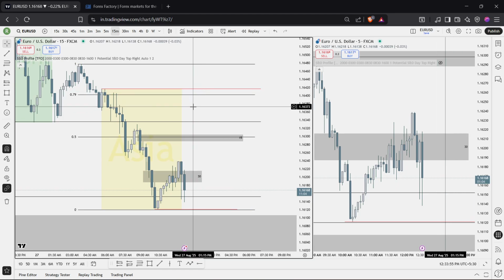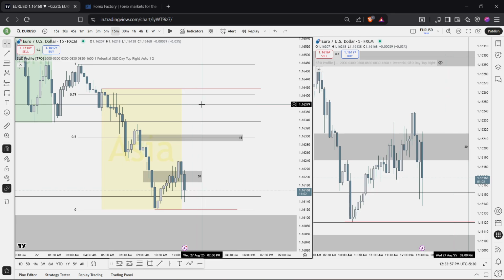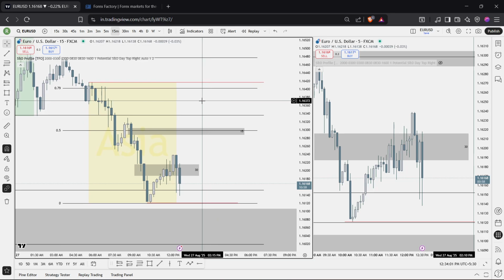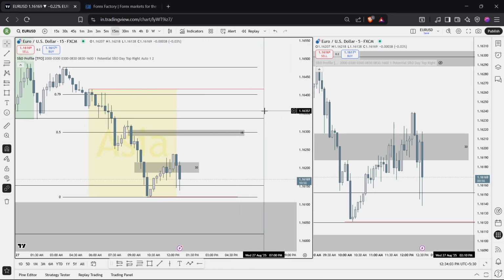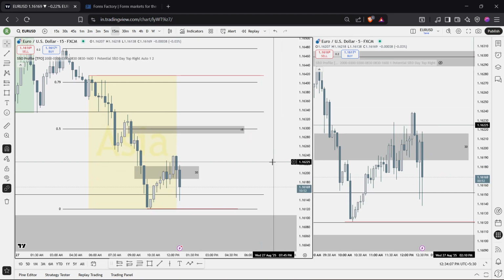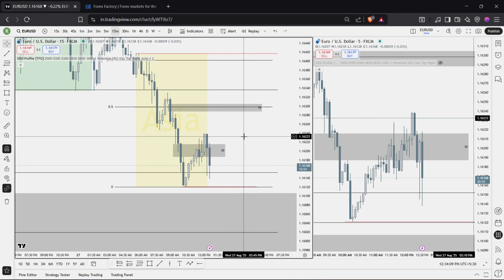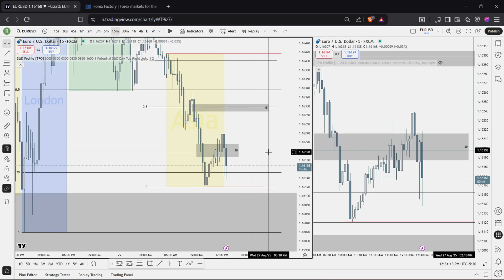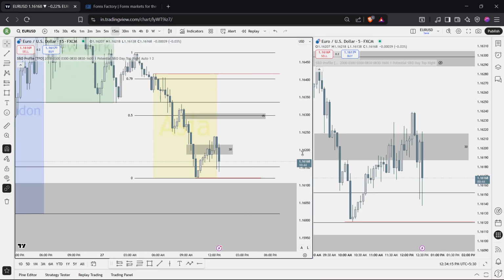So even on the manipulation part, if I get my setup and I take it, then I get stopped out, and I would be blaming my draw on liquidity as not on point. So I should not do that. Asian low and Asian high are definitely a confluence which I should go off of, but I should also see if my setup is forming very clearly.